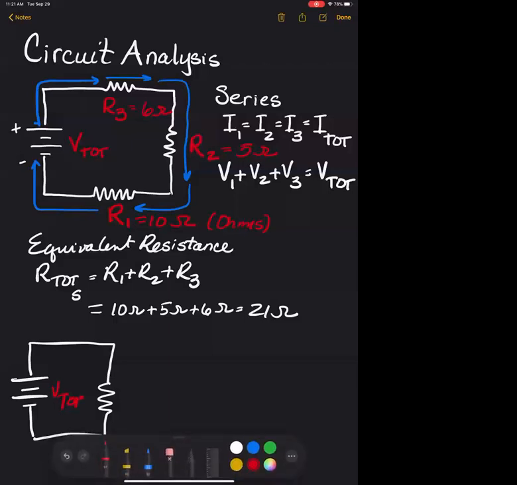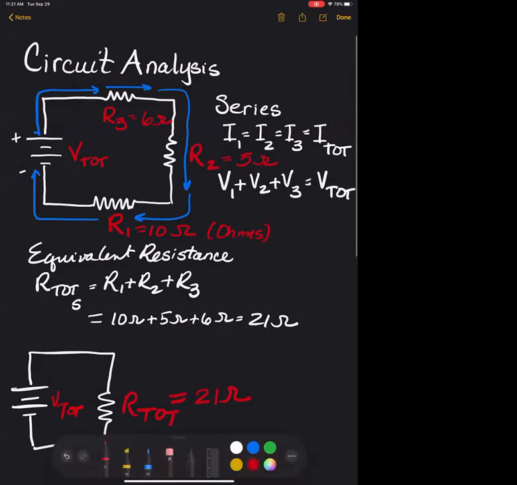Then I could say that this is R total, equal to 21 ohms. And that means it would draw exactly the same current out of the battery as the 3 resistors in the top.